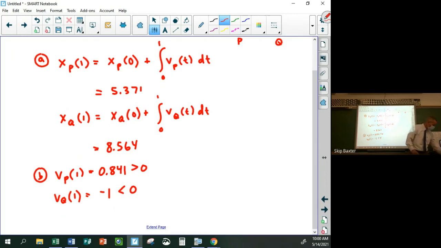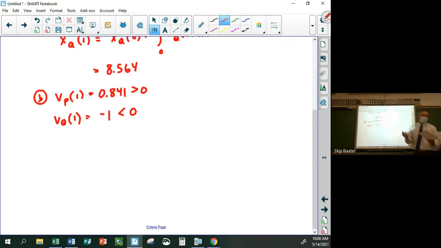That's all you have to say, really. You have to explain that xq at 1 is. That would probably be safer. If you said P is to the left of Q and VP is positive, so it's moving to the right. VQ is negative, so it's moving to the left, so they're moving towards each other. Something like that. Yeah, just to be safe. I mean, it doesn't hurt, but it does take time. So there's a trade-off there, right?